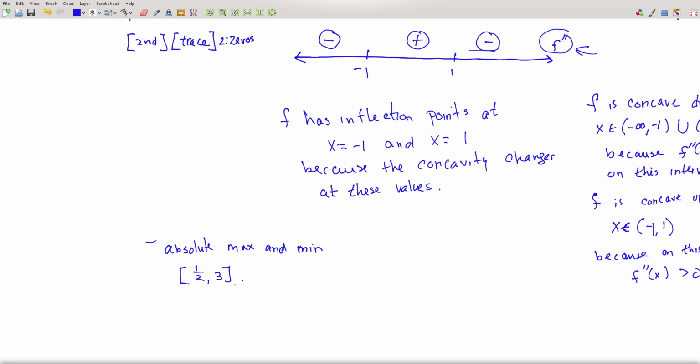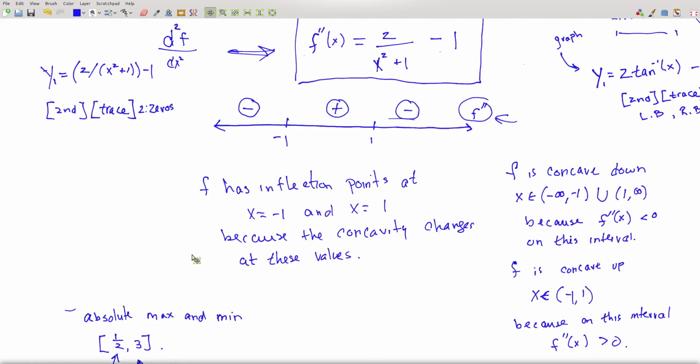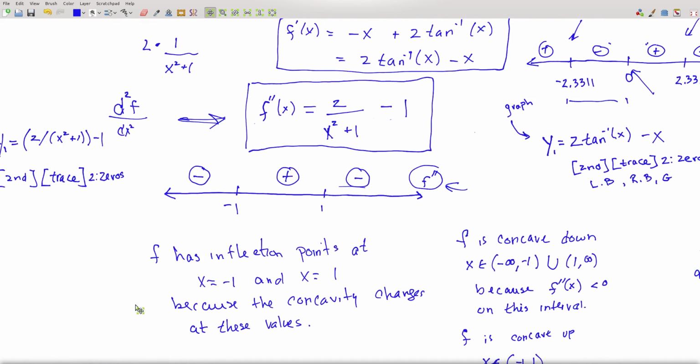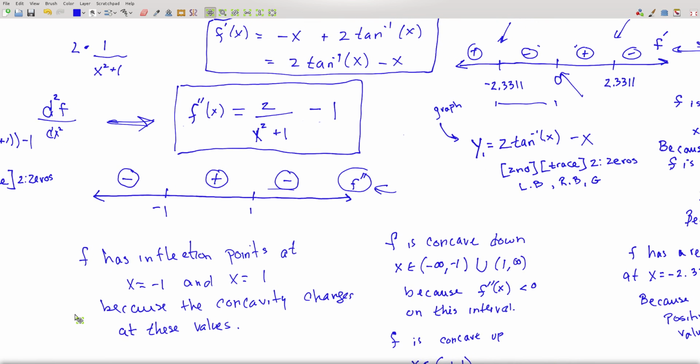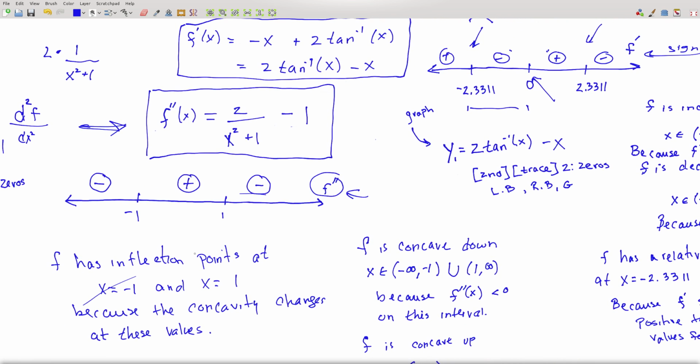Okay, so the way that these work is you have to use your endpoints. These are the endpoints. And you use any of the critical numbers for the first derivative that fall between those endpoints. Now, if you go over here, you'll see that there is one critical number that falls between those endpoints. That's 2.331 for the first derivative.